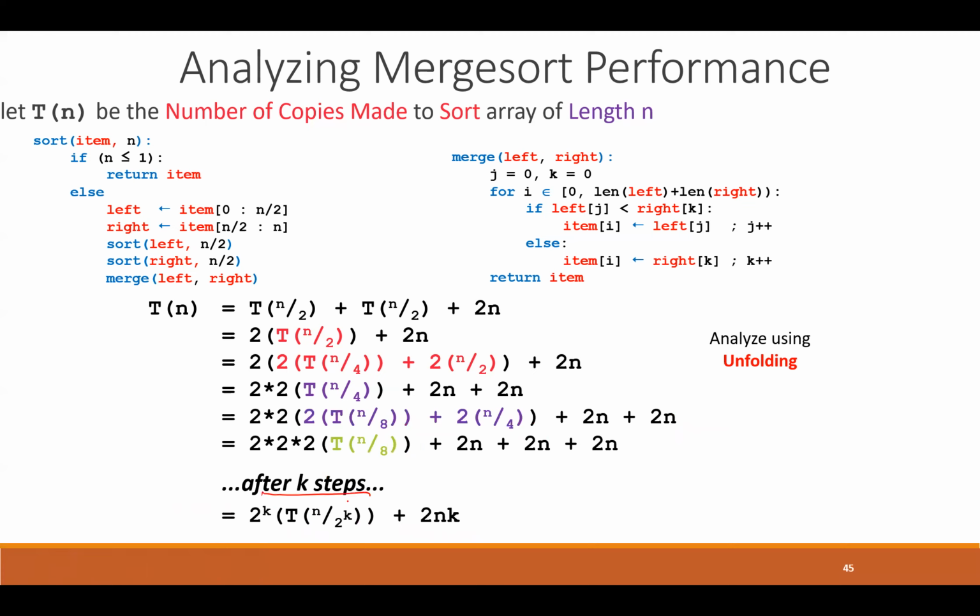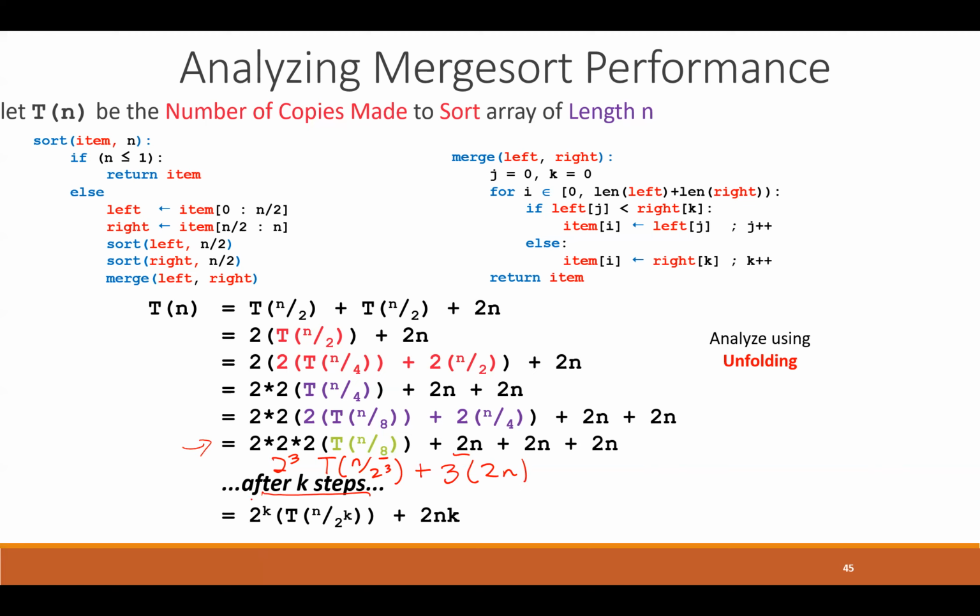I could have rewritten this as 2 to the power 3 times t of n over 2 to the power 3, and this 8 is also 2 to the power 3, plus 3 times 2n. So in the third step of my recursion, k is equal to 3, right?